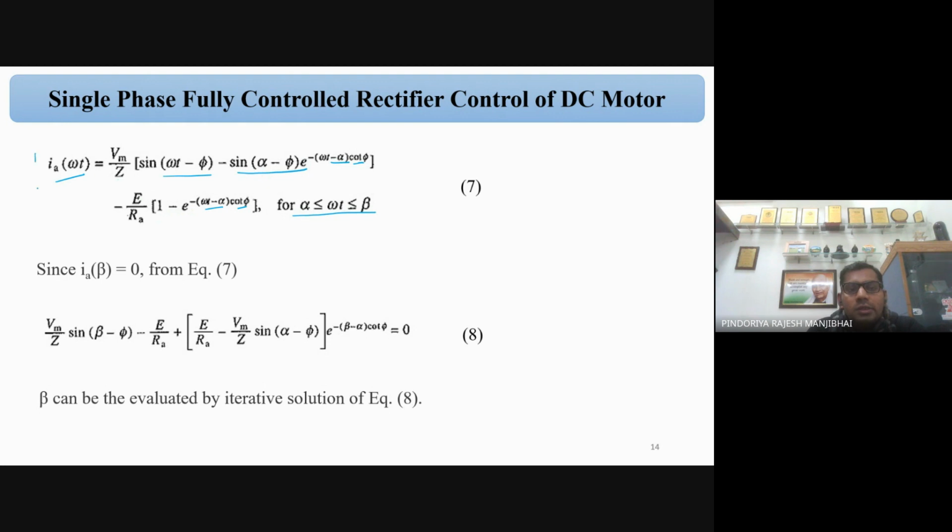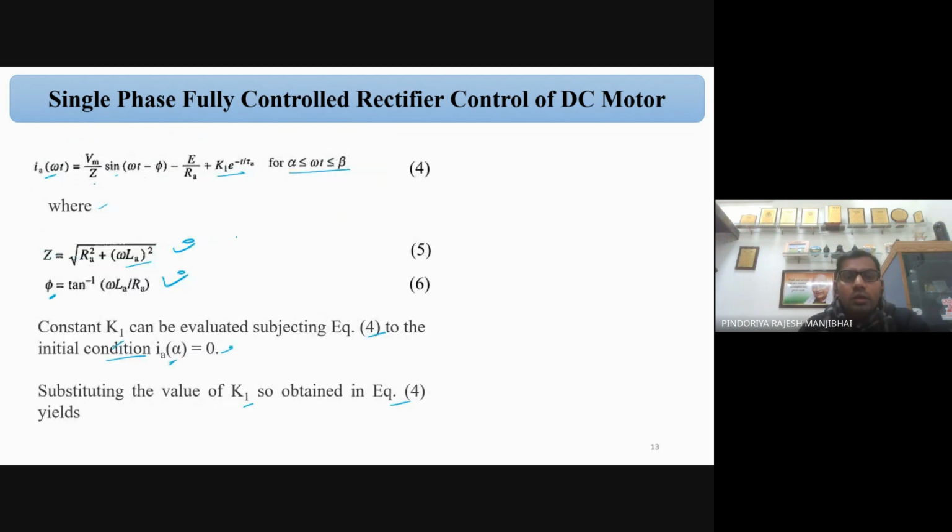Okay, so how can we get this equation, equation number 7? This is simple. What we have to do? Constant K1 can be evaluated by subjecting equation number 4 to the initial condition, that is IA at alpha equal to 0. So we have to consider the initial condition that IA is equal to 0.